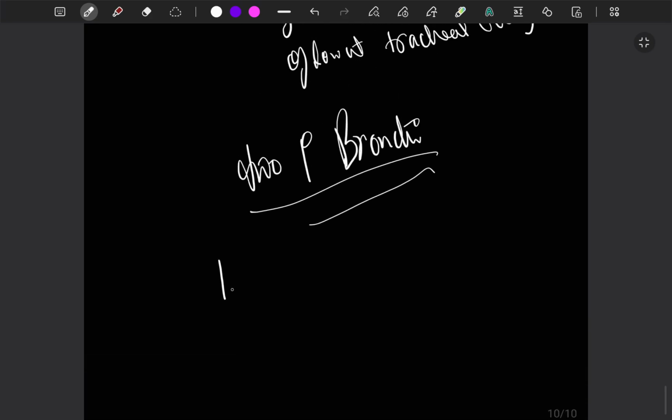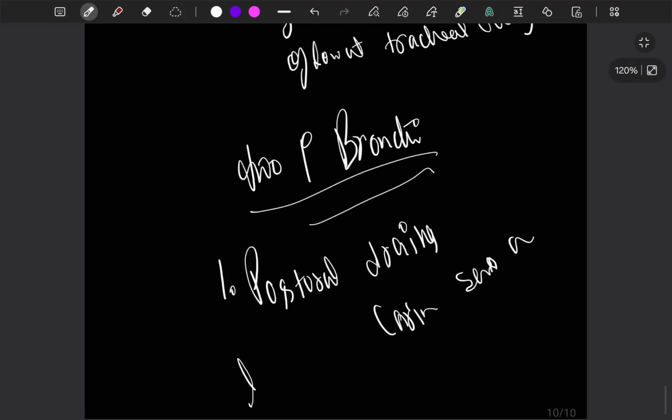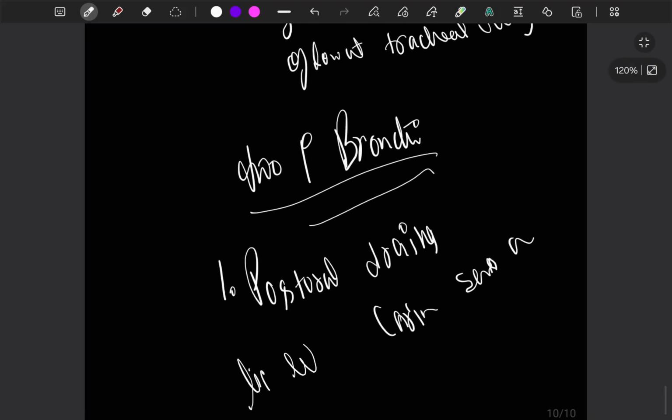Now there is something called postural drainage. Carina is a sensitive area of the trachea. Okay, so when the patient is made to lie on his or her left side, secretions from the right bronchus enter towards carina due to the effect of gravity, and since carina is sensitive, the patient will cough.